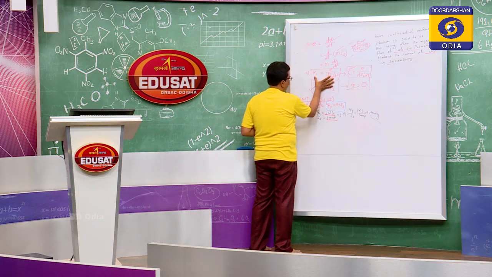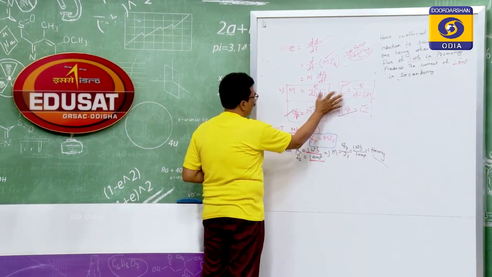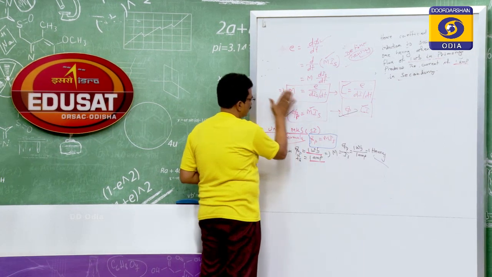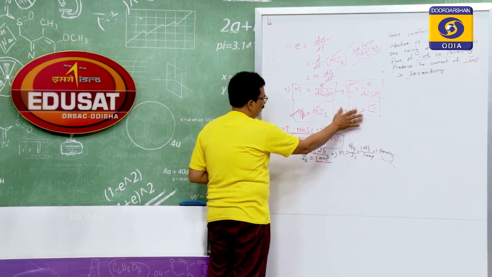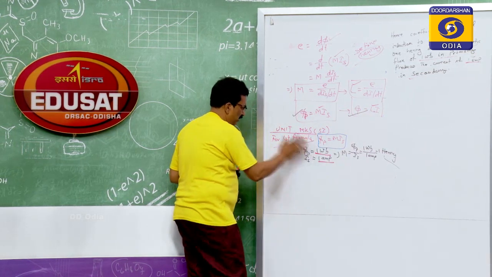The definition for M is equal to E by dis by dt, and for L is equal to E by di by dt, and for the primary definition, phi p is equal to MIS or phi is equal to Li, and we already discussed its unit for SI.